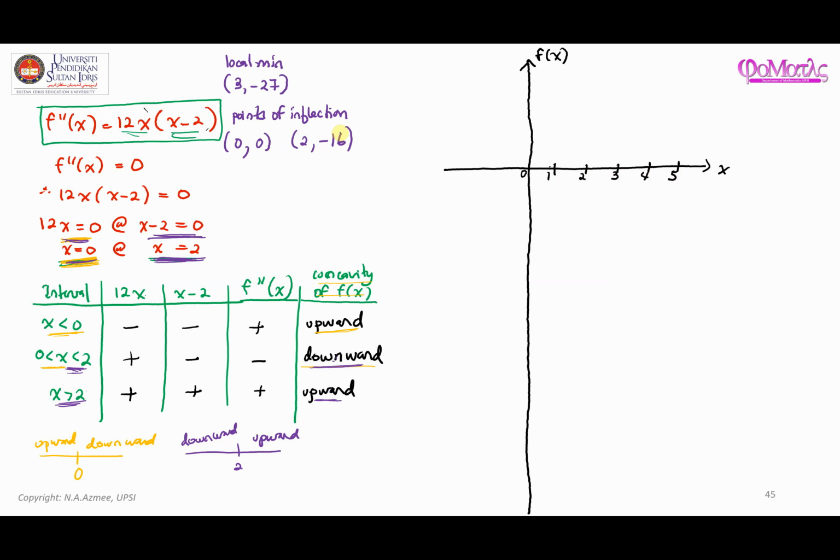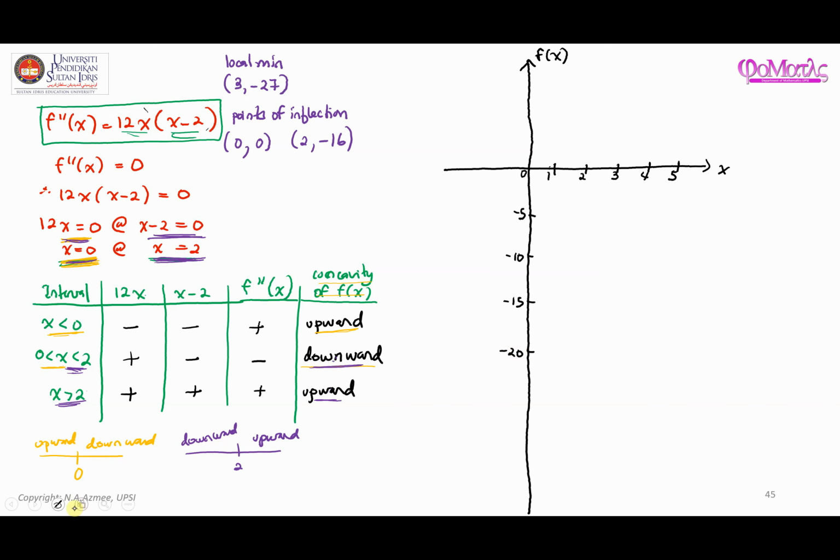Next, I can see this is such a huge negative number, negative 27, negative 16. So maybe I can take that to be negative 5, negative 10, negative 15, negative 20.